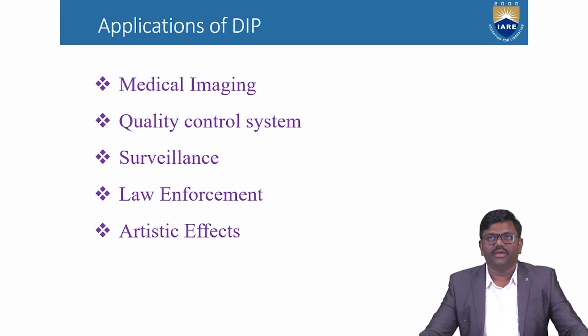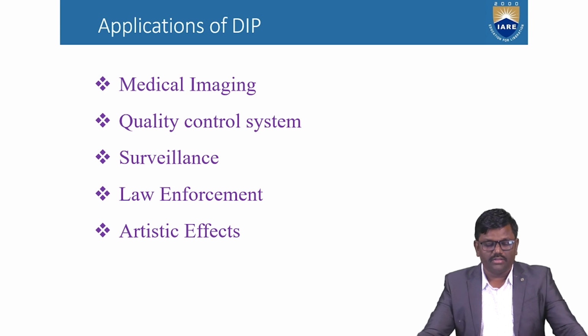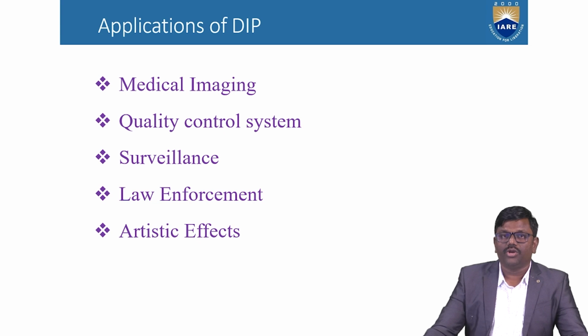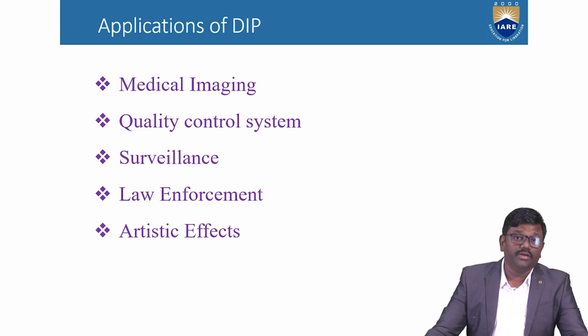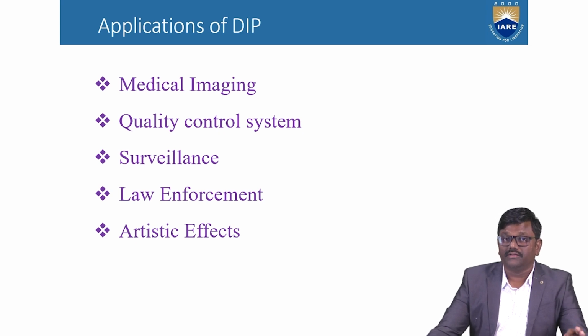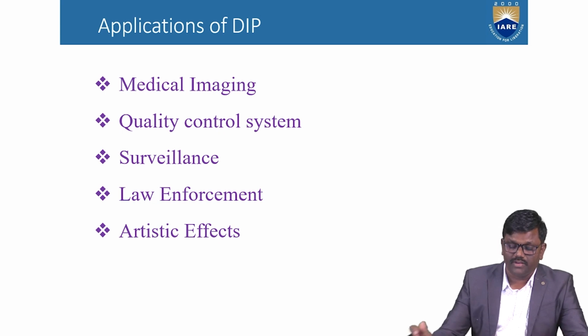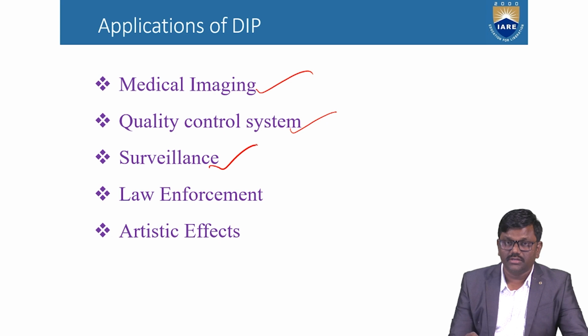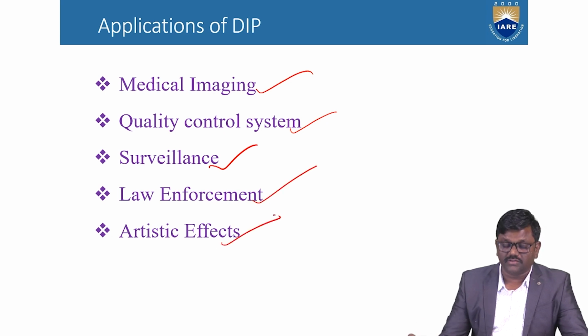So let us see right now the concept which we are discussing, how it is going to be connected to the outcome of today's lesson topic. What is that? The applications of digital image processing, which I am listing in sequence. One is medical image processing, second is quality control system, third one is visualization, fourth one is law enforcement, and fifth one is artistic effects.